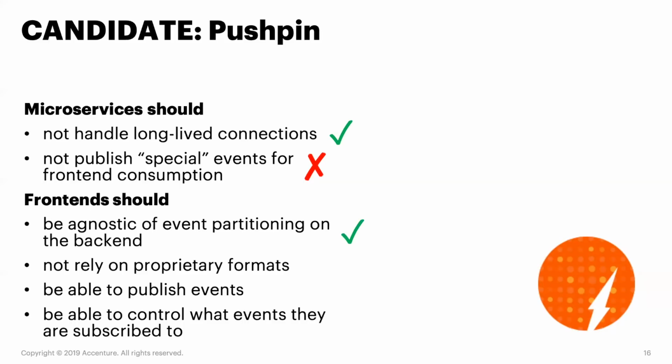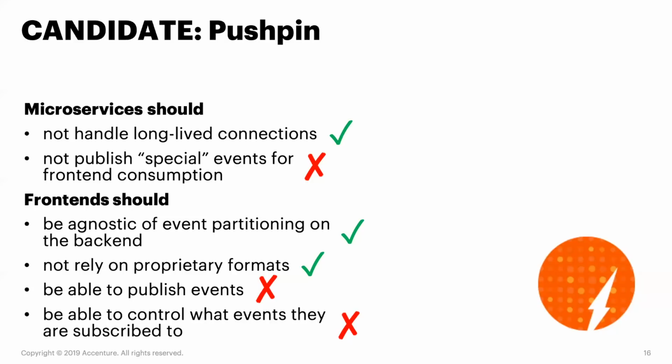Frontends are agnostic of the backend setup, as Pushpin strips the special headers sent by microservices. The protocol is simple and built on standard abstractions. Through the WebSocket connections, frontend can send back data, but again, this targets specific services and cannot be used to publish events. Finally, frontends cannot choose what to receive. Pushpin routes events according to channels that are assigned by the microservice that sends the data.